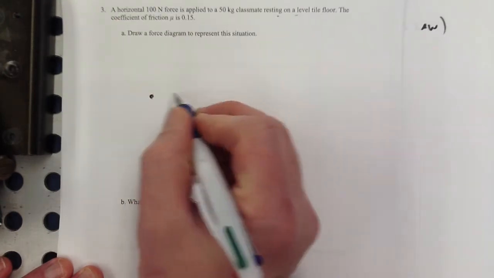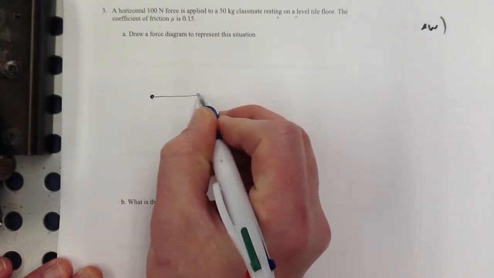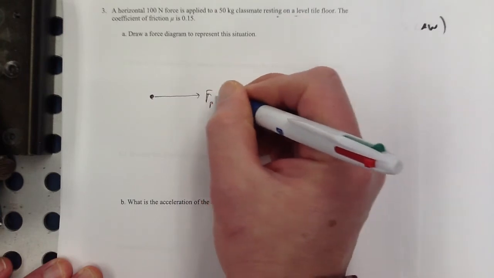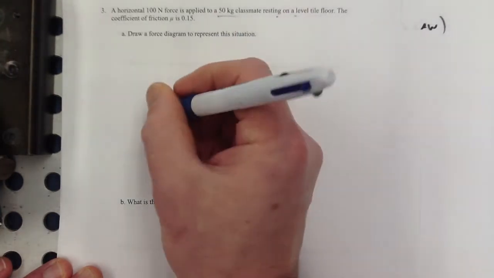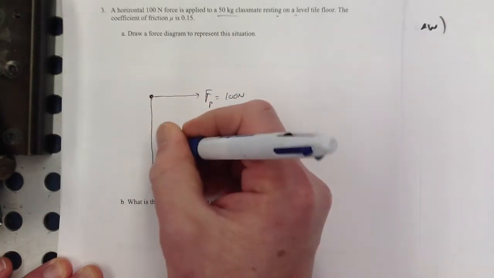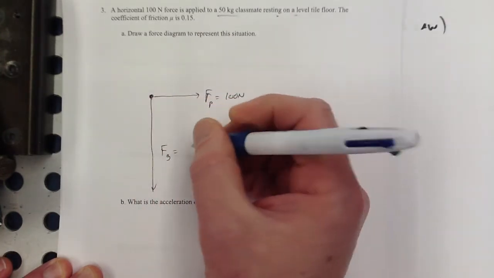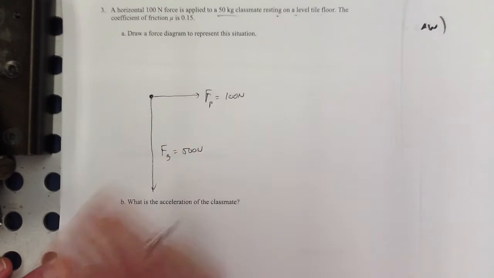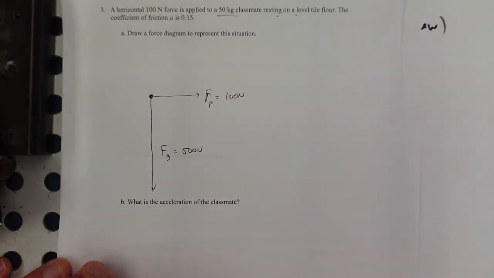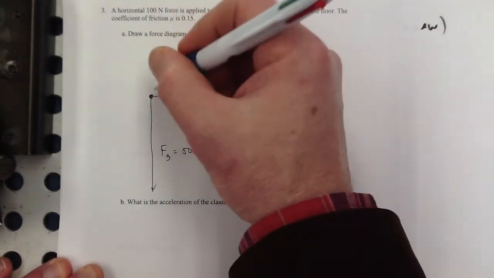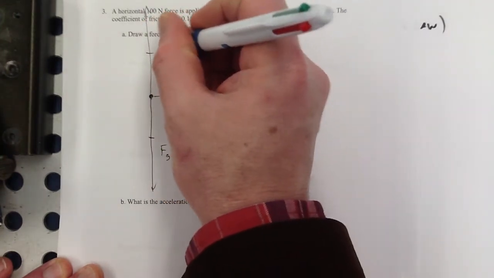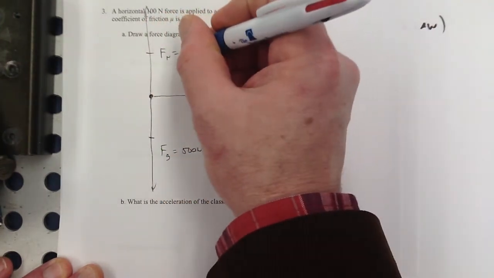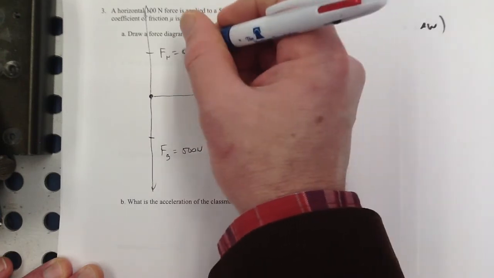The person's being pushed, I'm going to say in this direction, by a 100 newton force, and their mass is 50, so the gravitational force is 500. The support force, nothing is happening in that direction, so that's going to be 500 newtons also.